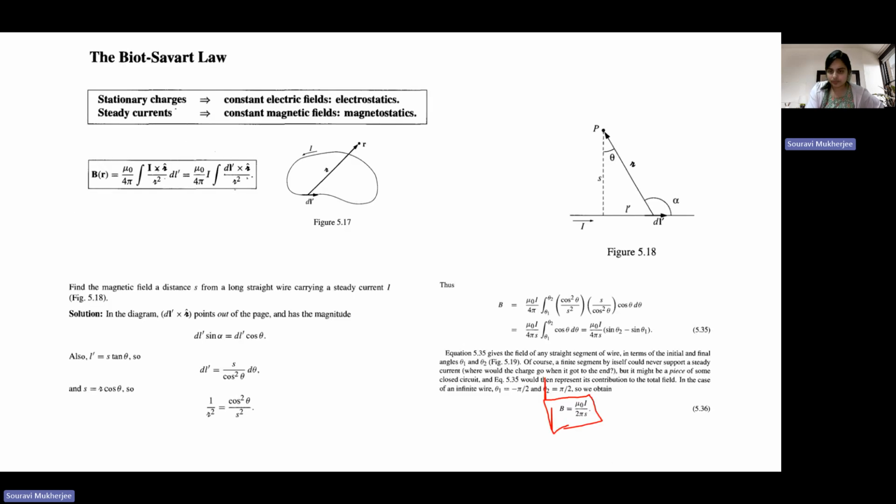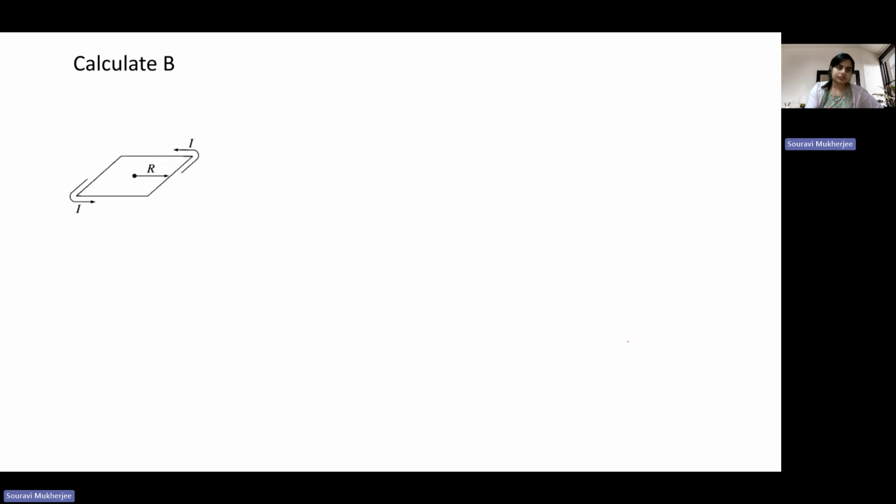Now using this, you can find all these kinds, and this is the more general form. For some finite length of wire, this will be the relation that we'll be using. So you can have questions like this, where you have a current carrying wire along this square and you have to find the field at this point. How do you do it?